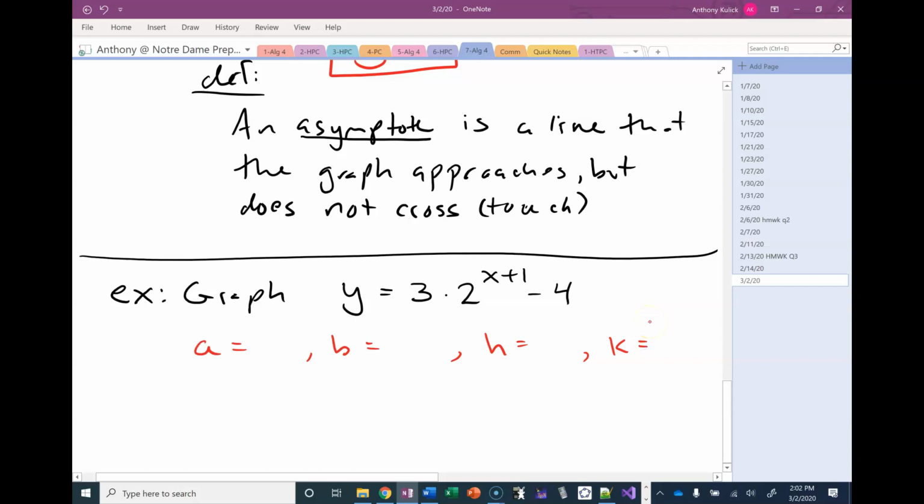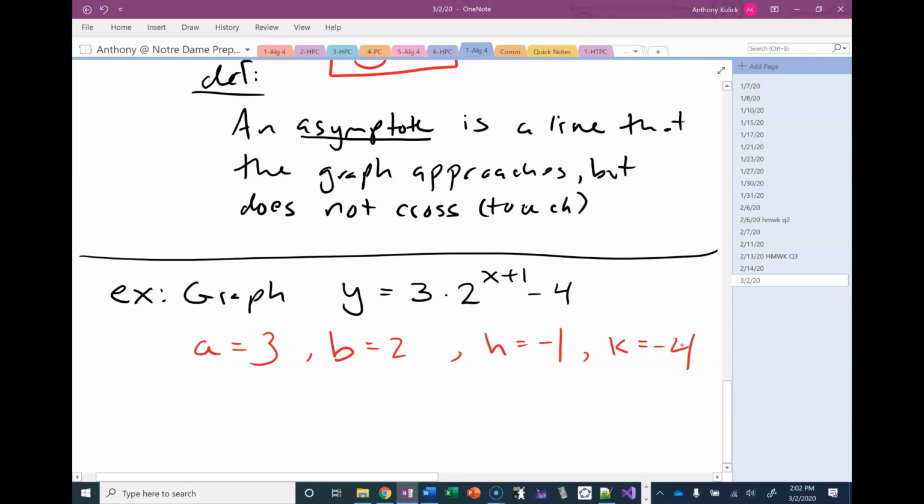So real quick, let's write down our values for a, b, h, and k. What's our value for a? 3. And then b? 2. H, be careful, -1. Remember, the h's are always the opposite sign. And then the k is -4.